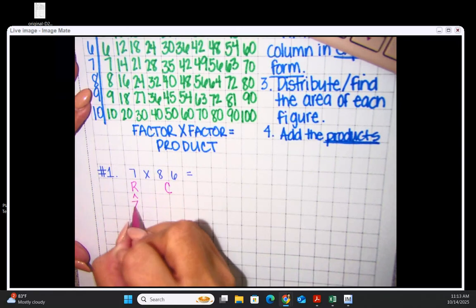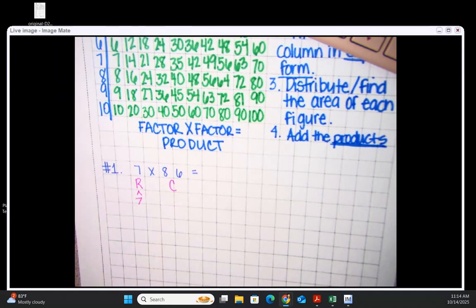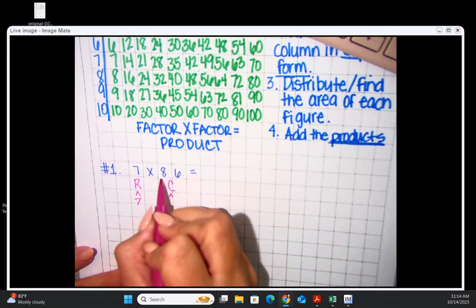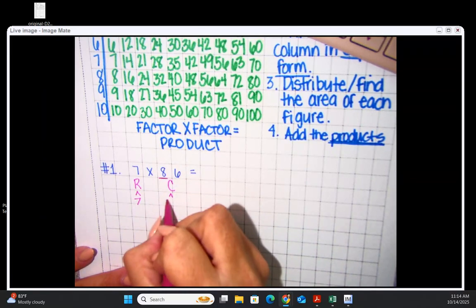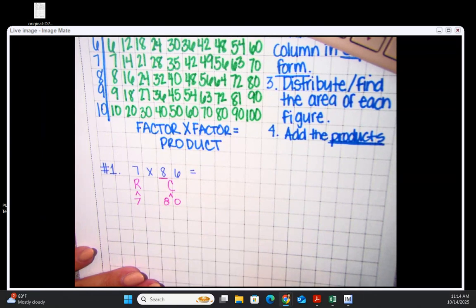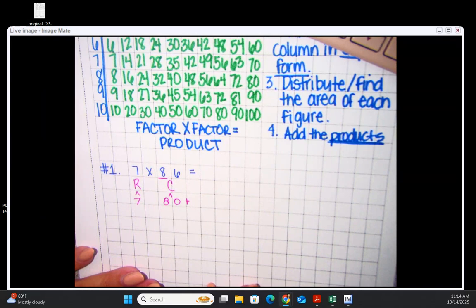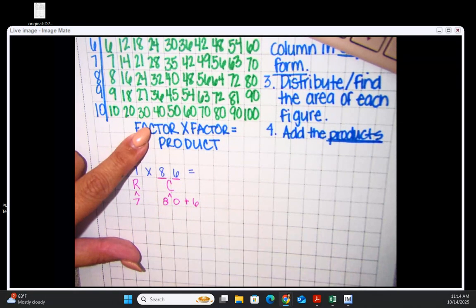So that's it. 7 stays 7. But now let's look at 86. Very good. I can expand my 8 because that 8 has a value of 80. And the number 6 plus my 6 has a value of 6.